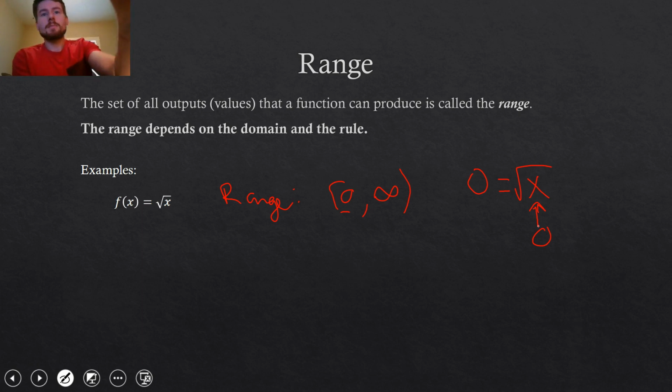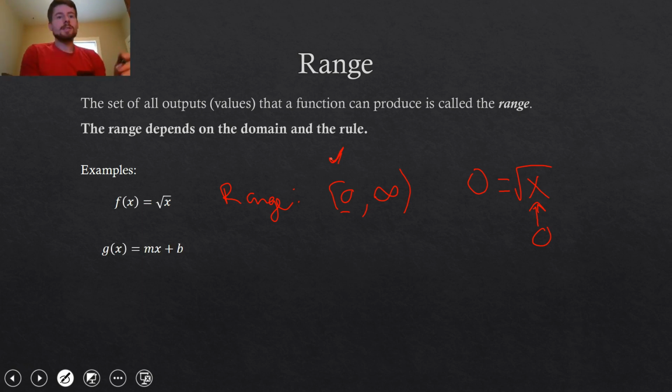So we do get this number 0. And then if you plug in larger and larger numbers for x, you'll get larger and larger outputs. That's a check mark. You'll get larger and larger outputs, and there's no limit to the size of the output that you're going to get. So that's why our range is going to be from 0, including 0, to infinity.